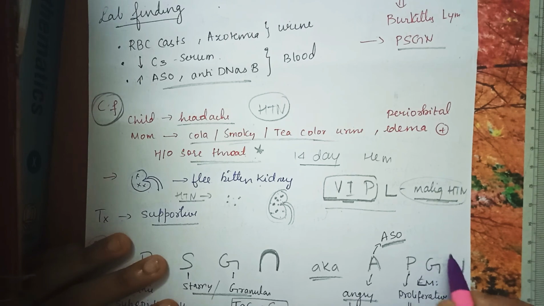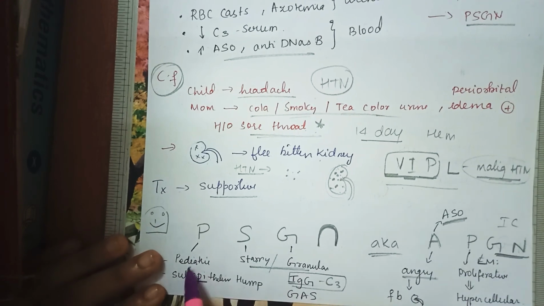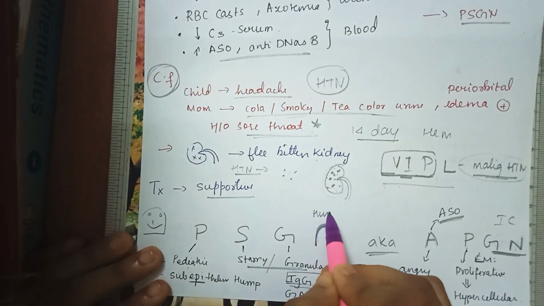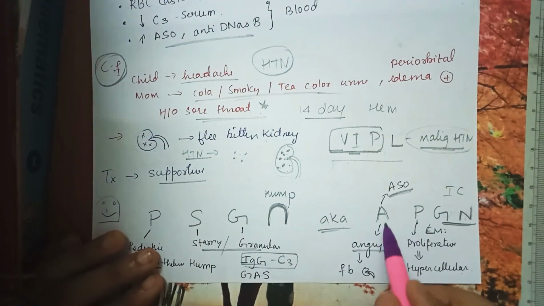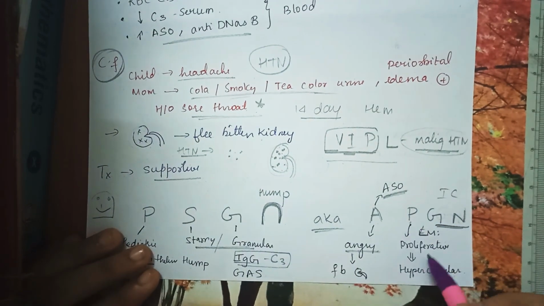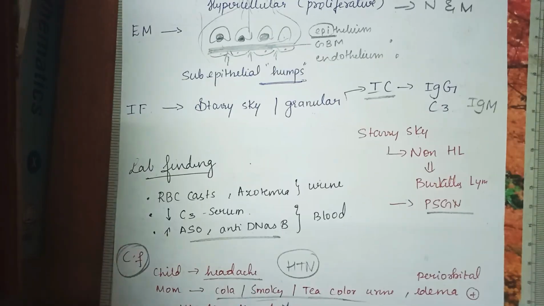Again, I told you it is immune complex mediated, therefore it is glomerulonephritis. Therefore everything is there in the name: pediatric, subepithelium, starry sky, granular, humps, angry or flea bitten kidney, anti-streptolysin O, P for proliferative, and G for glomerulonephritis. So that's it. Thank you.